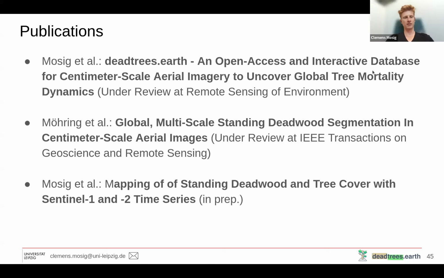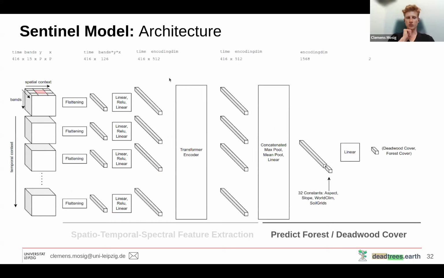Yeah, so we actually started with, can you see the slide 32 with the architecture? Okay, so this spatial context is much smaller than you think. We experimented with no spatial context, 3x3 and 5x5. And there we actually started with a convolutional kernel in the spectral dimension and spatial dimension instead of the flattening.